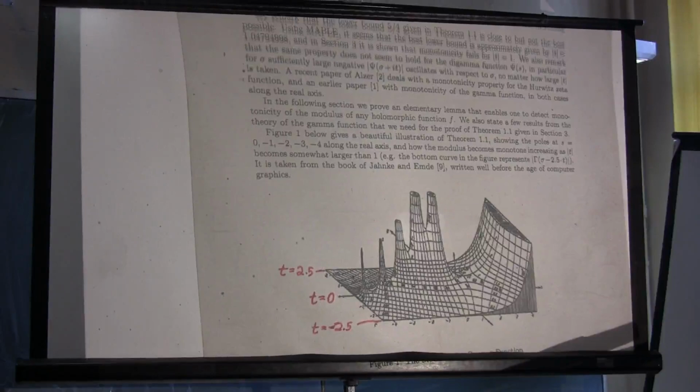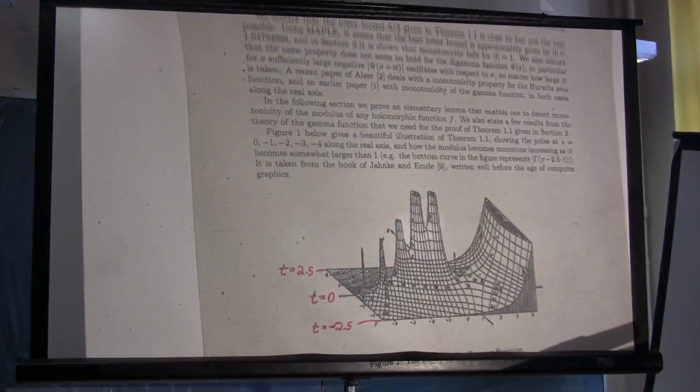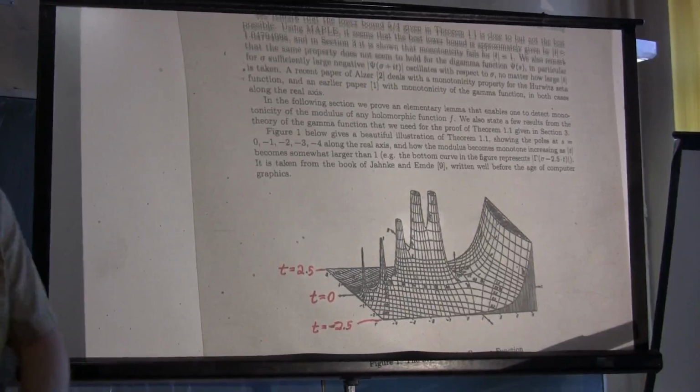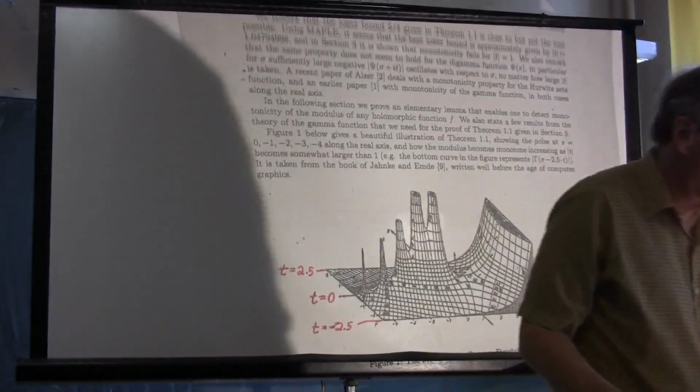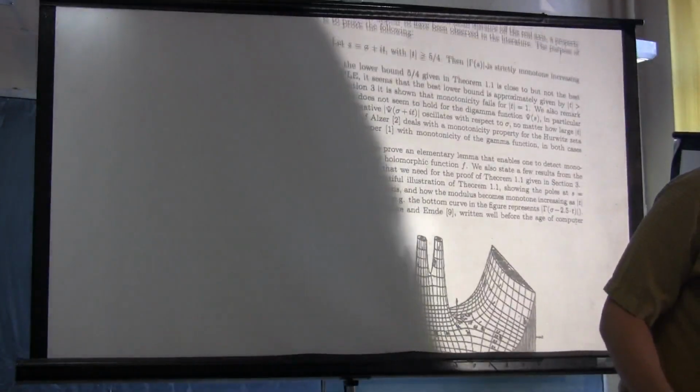So once you get to within distance 5/4, even a little bit less, away from the real axis, the modulus of gamma is monotone increasing.